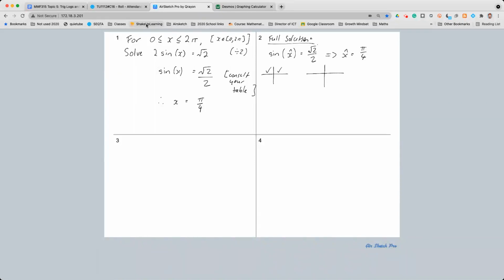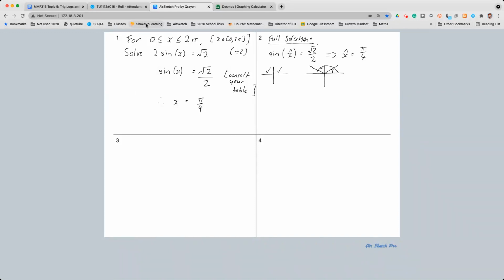The next thing is to then consider what those angles would look like. Now, because it needs to be in these two quadrants, that means that the angle either has to be here or here, like that.